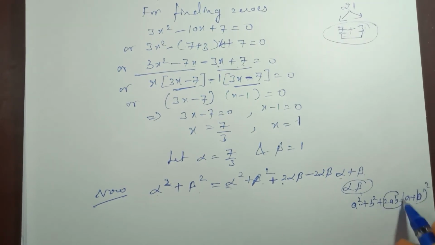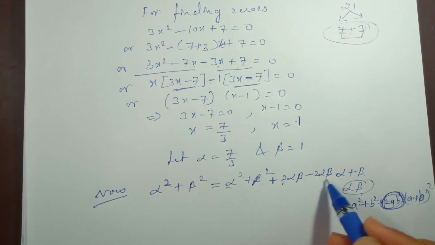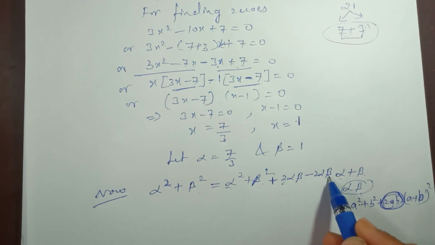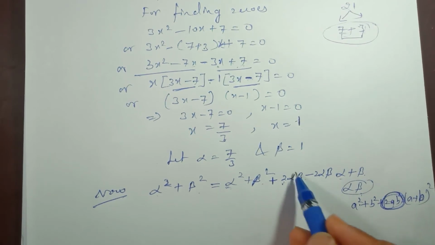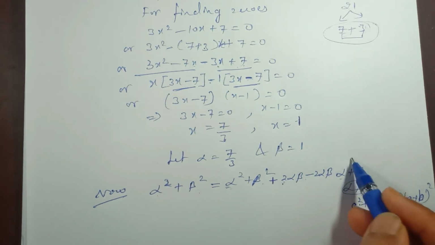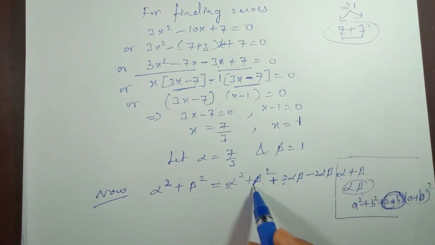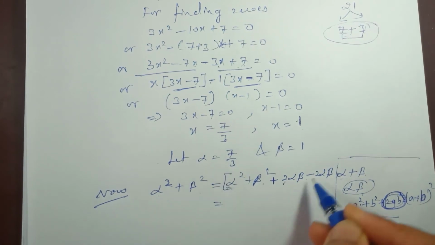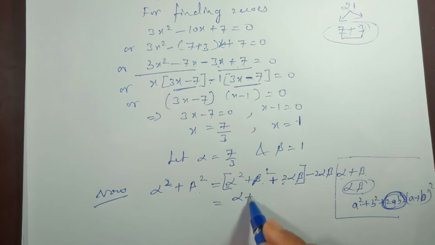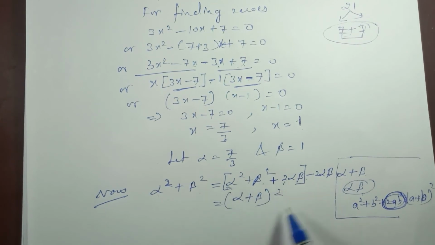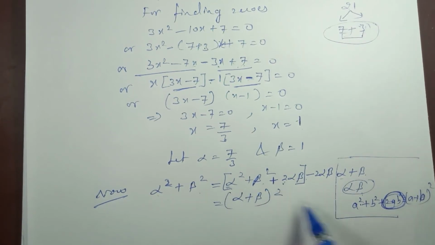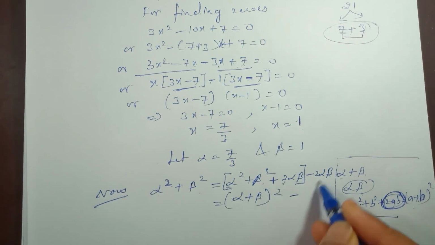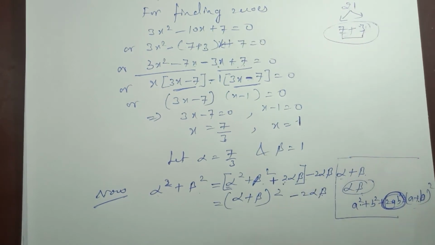So we add 2 alpha beta and minus 2 alpha beta with opposite signs. When we cancel these two, we again get the same expression, alpha square plus beta square. Combining, we get (alpha plus beta) whole square minus 2 alpha beta.